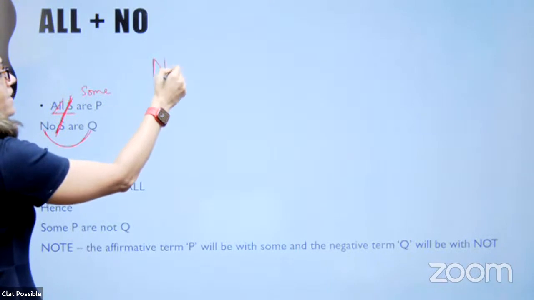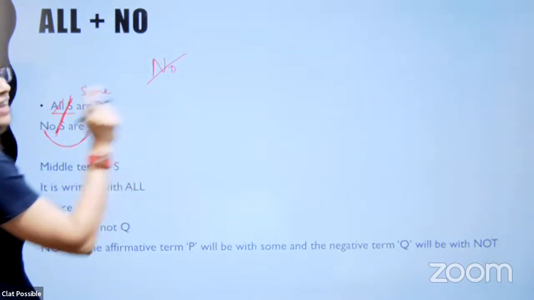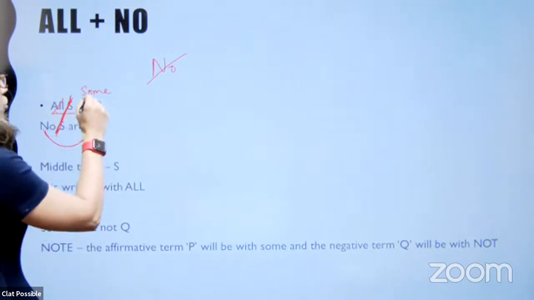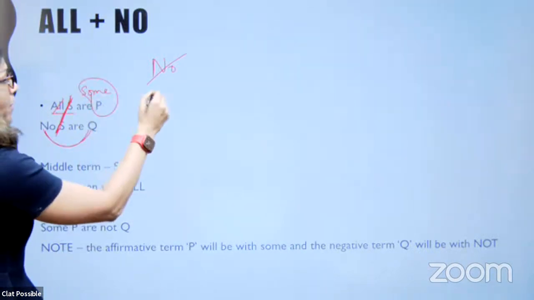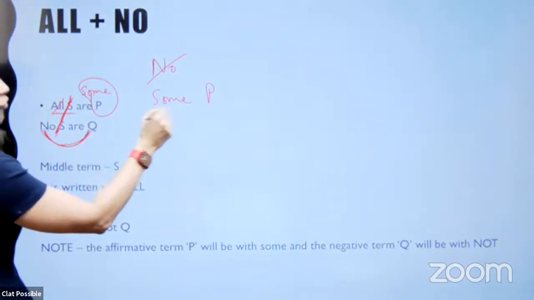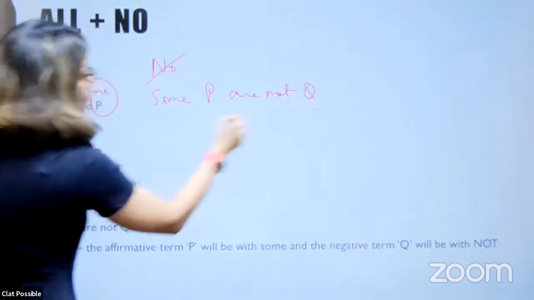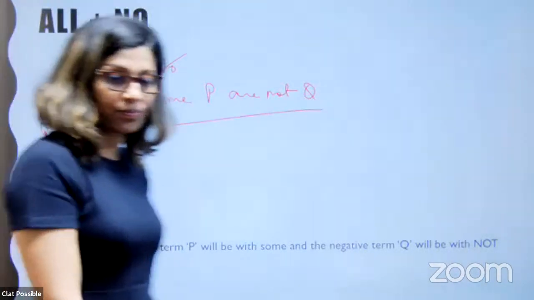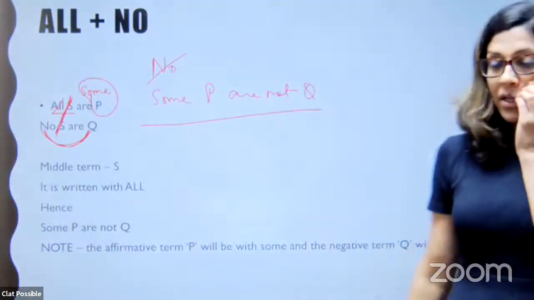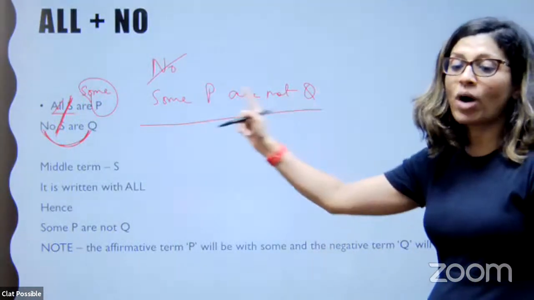Therefore, a no answer is not available. However, we need a negative answer. So I copy some P from here, and I take the no Q from here. And my answer becomes some P are not Q. Now tell me, do I have to tell you that this is not the same as some Q are not P?